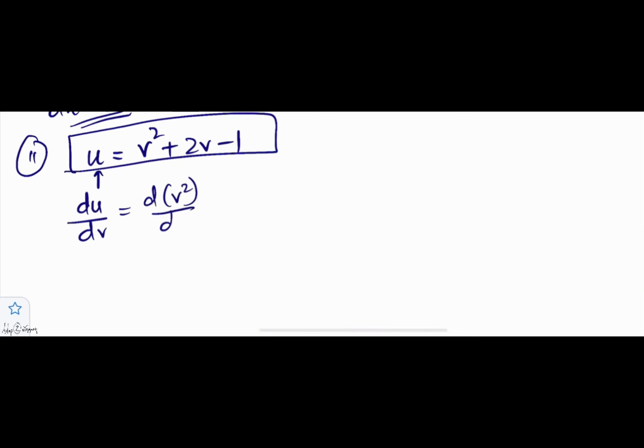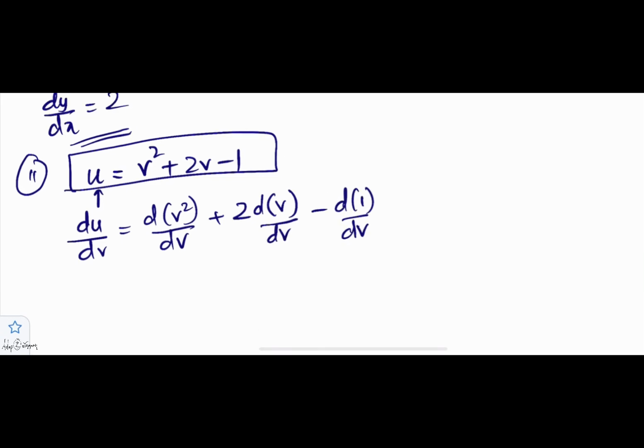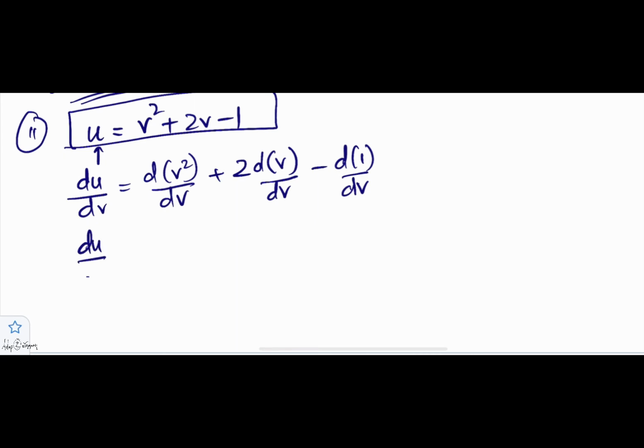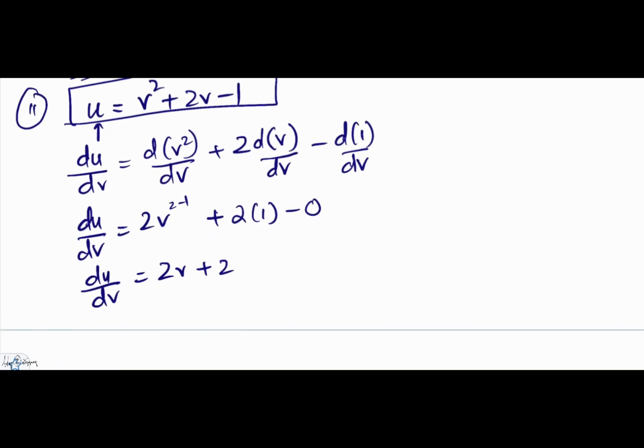So to differentiate this explicit function, we differentiate the whole equation with respect to v. So du over dv is equal to, differentiating v squared brings the exponent in front and the exponent 2 becomes 1, plus 2 remains like that. Differentiating v with respect to v is 1, and differentiating a constant gives you 0. So the final answer we have is 2v plus 2.